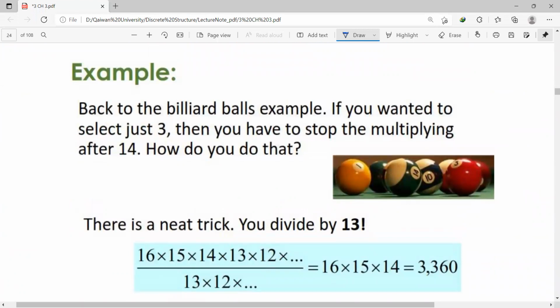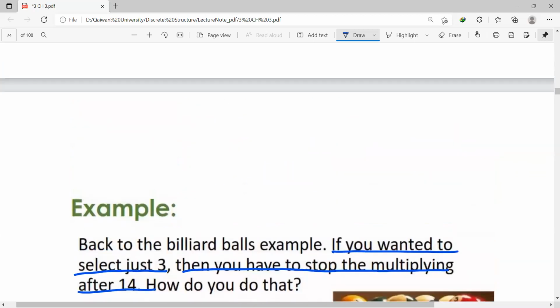Now return to the billiard balls example. If you want to select just three, then you have to stop multiplying after 4, as you see here. If we just select 3, that means P of 16 and 3, P of n and r.